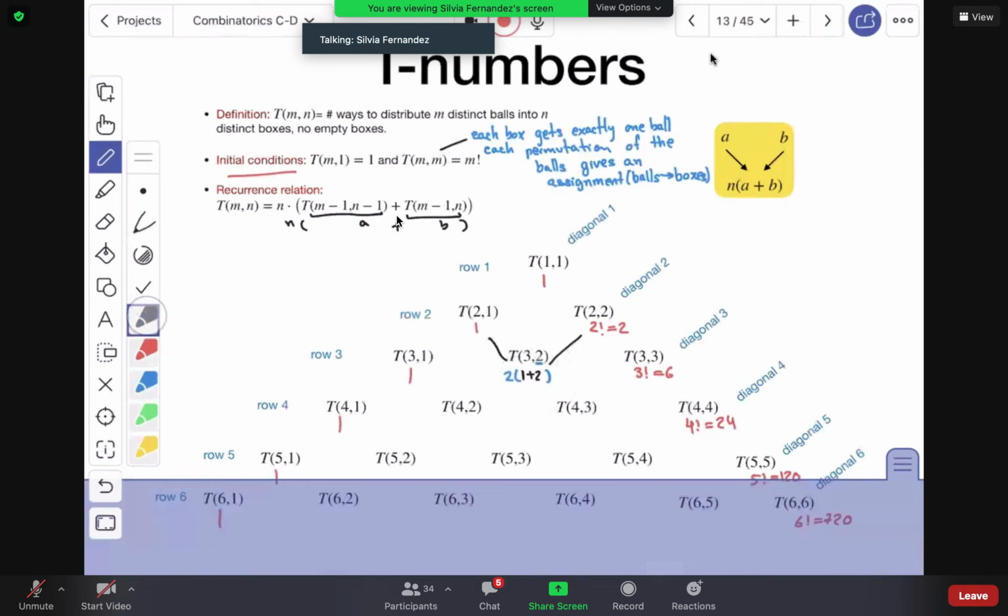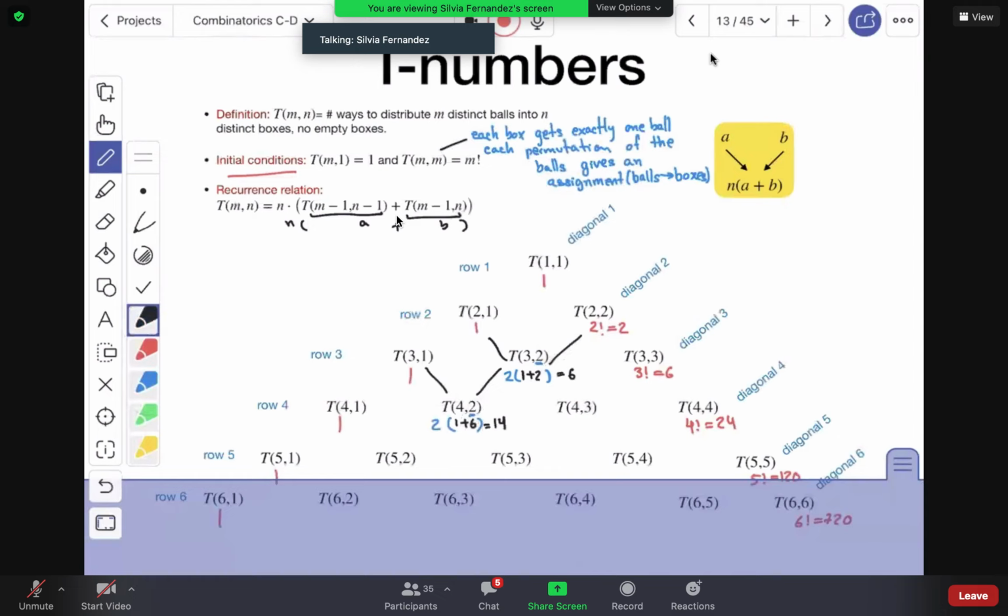So, for instance, to obtain this one over here, this one is 6, right? So to obtain the next one, I do 1 plus 6. That would be the usual Pascal triangle. But then I need to multiply times 2, the second entry of the one I'm trying to get. So this one is 14.